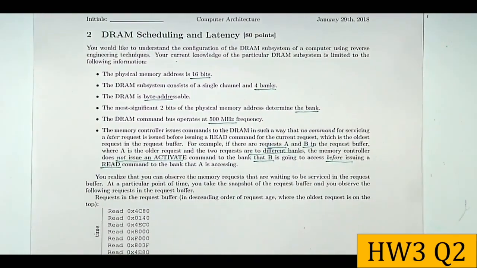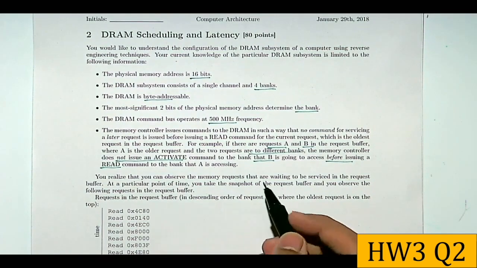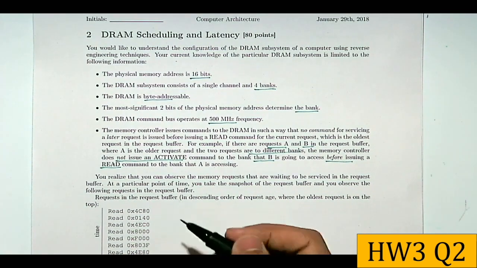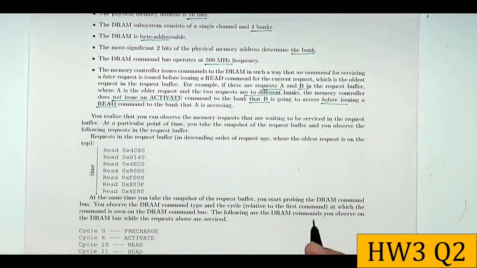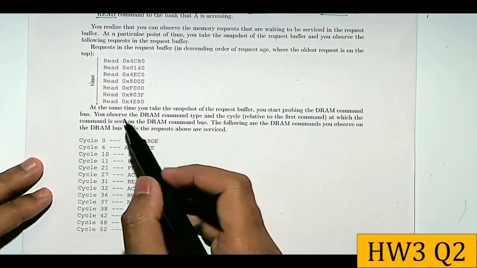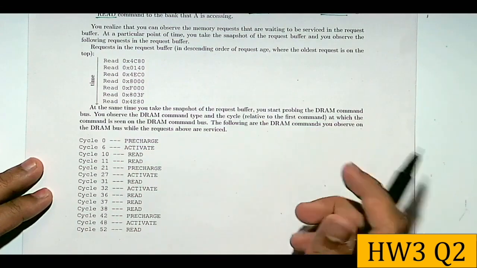Make sense? Now, this is the state of the memory requests that you have currently in the DRAM request buffer. The third part says that at the same time, you take a snapshot of the request buffer and you start probing the DRAM command bus.